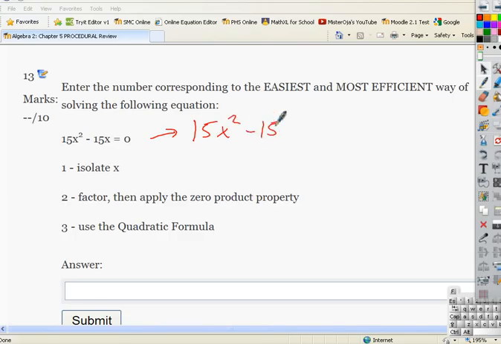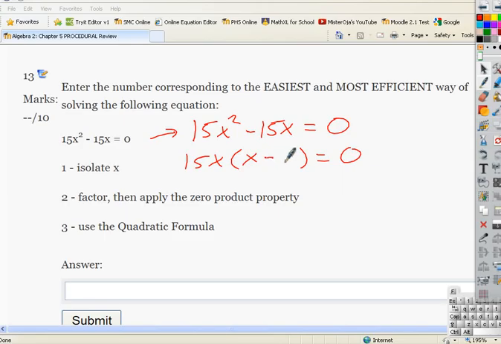What can I divide away from each term? 15x. Got to get the x. If I divide away a 15x, what am I left with? x minus, if I undistribute a 15x, 1. Good. And that's super simple.